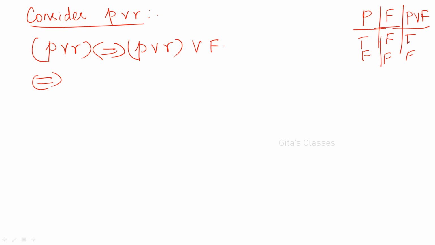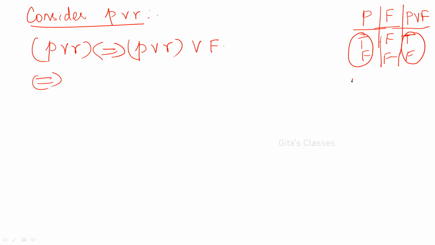Here you have TF, that is P. Here also you have TF, that is P. That's why P∨F is P only.